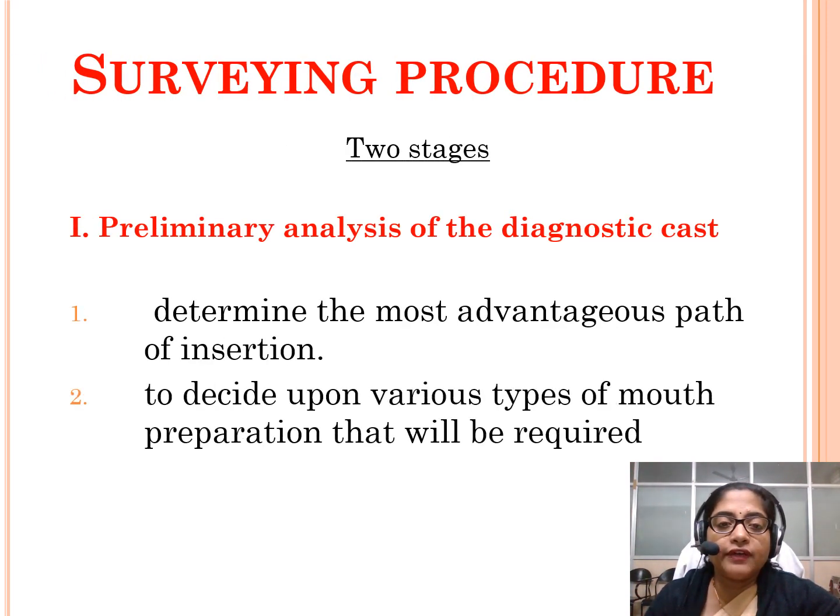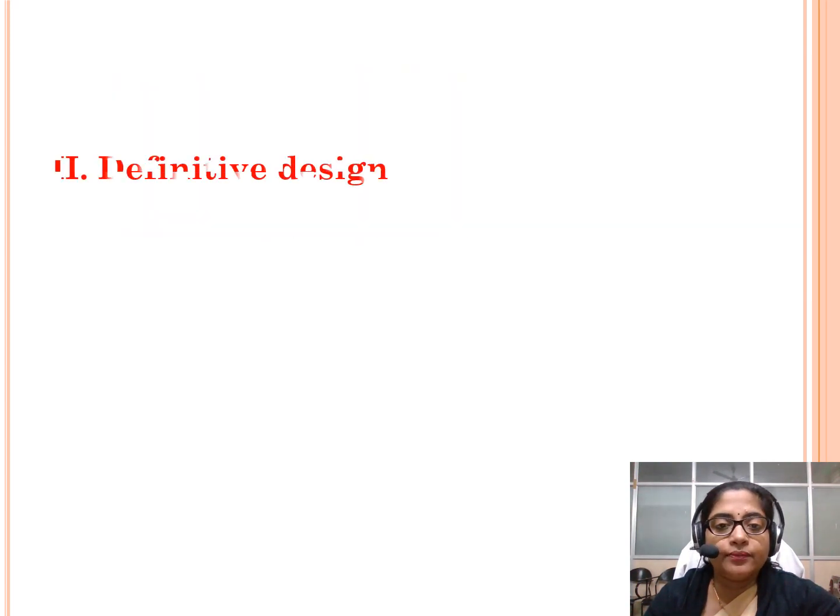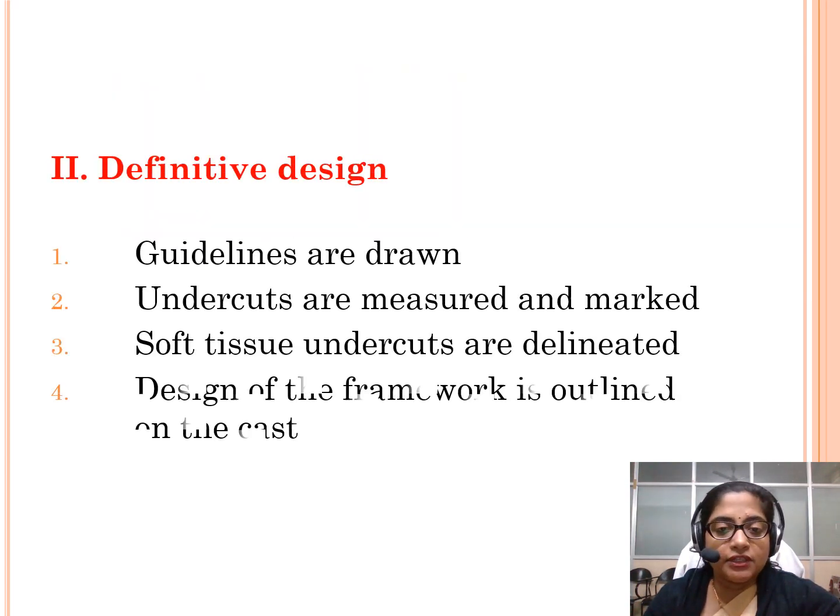Now coming to the surveying procedure. The procedure has two stages: preliminary analysis of the diagnostic cast to determine the most advantageous path of insertion, and second, to decide upon the various types of mouth preparation that will be required. And then definitive design.